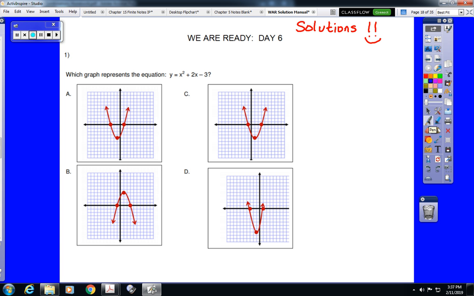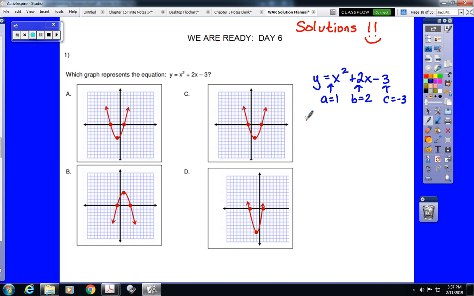So which graph represents the equation y equals x squared plus 2x minus 3? Now, there are several ways to approach this problem, but there's several that are faster than others. If we look at this equation, y equals x squared plus 2x minus 3, that is a second degree equation, and we know that it should open up because a is positive 1, b is 2, and c is negative 3.